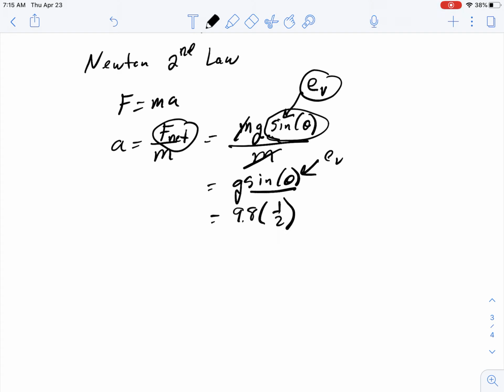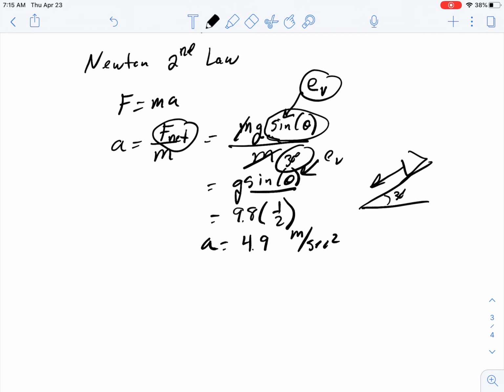And gravity would be 9.8 times 1/2, since it's 30 degrees, our ramp. And therefore you have 4.9 meters per second squared. It's your acceleration at an incline at 30 degrees if the object started going down. Okay.